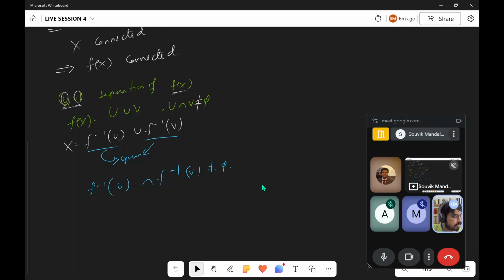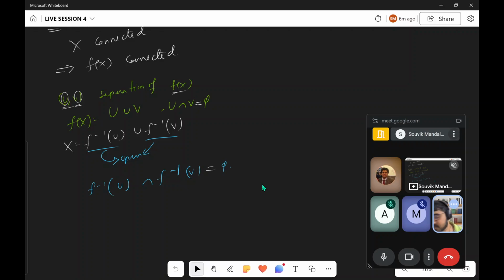Separation means their intersection is empty. Sorry, the correct one: the intersection is empty. Thank you. Okay, fine. So now is it clear? Yes.